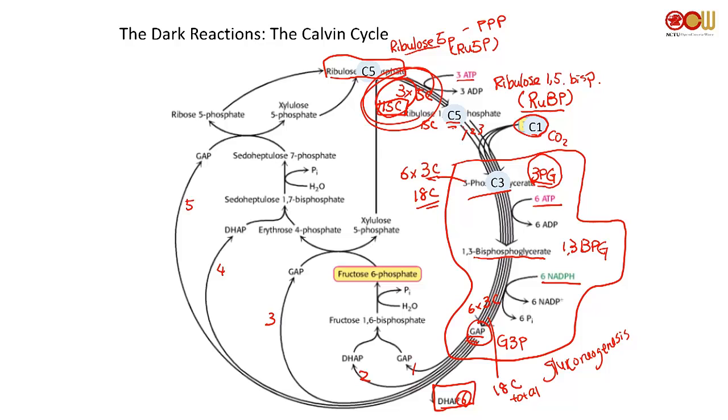And look around here. So we know that you get G3P. G3P is the same thing as DHAP, doesn't matter, right? They can interconvert using which enzyme? Aldolase? No, what enzyme do they interconvert with? Triose. What reaction do they do?